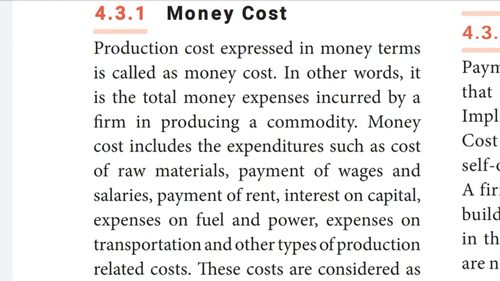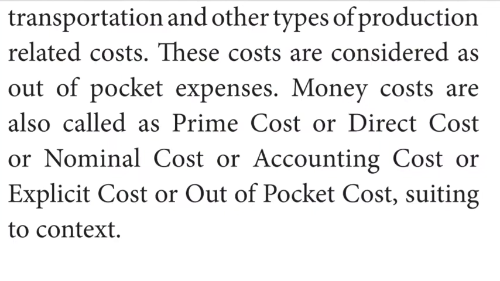It includes cost of raw materials, wages and salaries of labor, expenditure on machinery and capital equipment, depreciation of machinery, buildings and such other capital goods, interest on capital, other expenses like advertisement, insurance premium and taxes, normal profit of the entrepreneur. These costs are considered as out of pocket expenses.